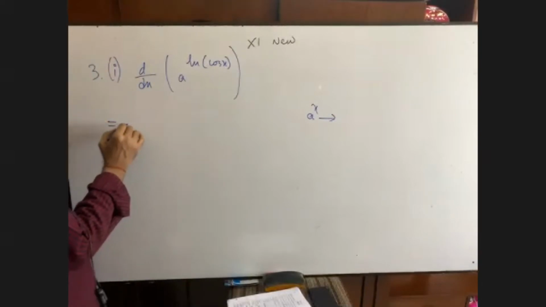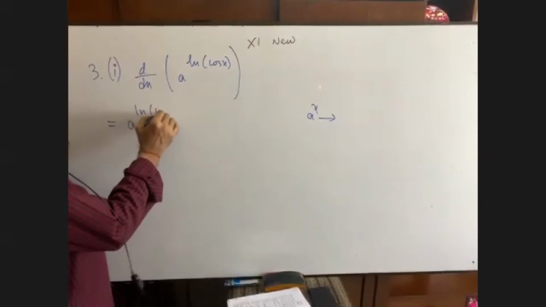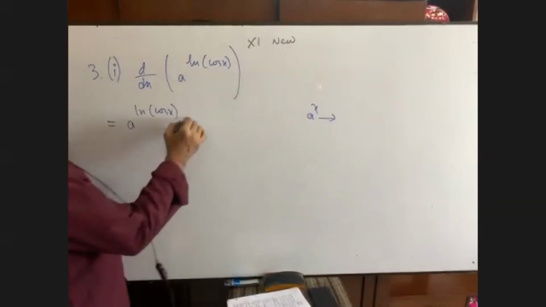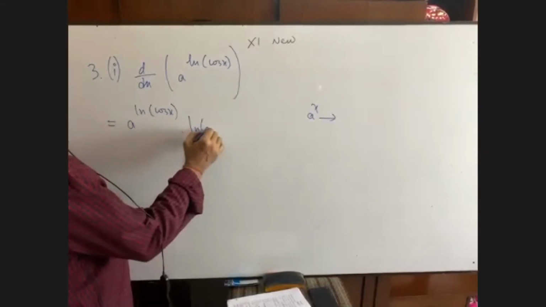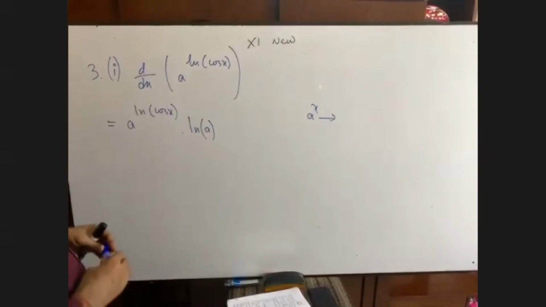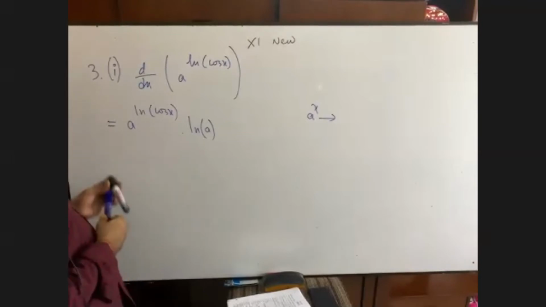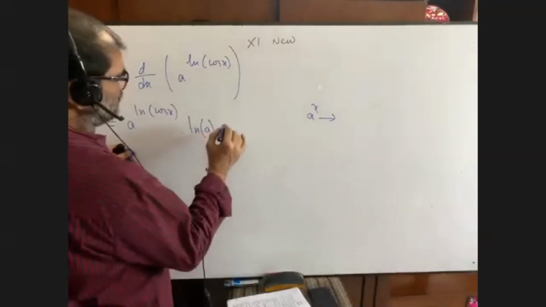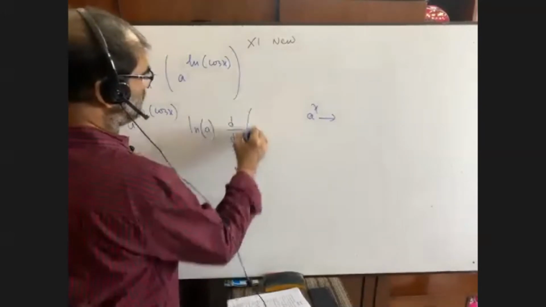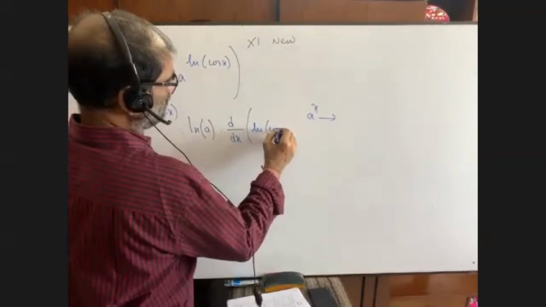Very good. That means a to the power x, x is what? This is x. A to the power x into ln a. A is a, no difference. Which part have I considered as x? So ln cos x is x. You're right. d by dx of ln cos x.